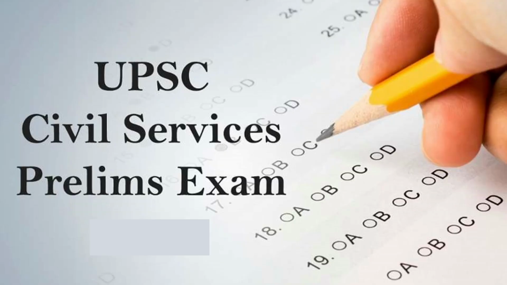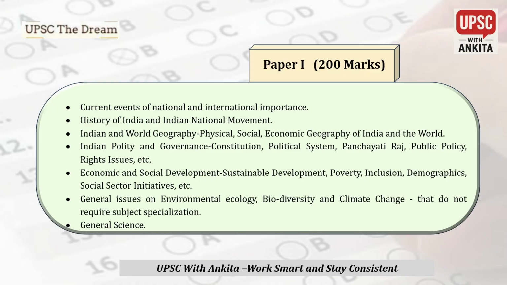The first stage of the exam, though it's only qualifying in nature, is the most competitive filter which eliminates over 95% of aspirants each year. It consists of two papers, the General Studies Paper 1 and the CSAT Paper 2, that is the Civil Services Aptitude Test.